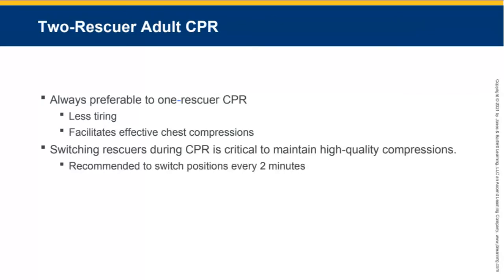In 2 rescuer adult CPR, which is the one that is preferred, it's always preferable to 1 rescuer CPR because it's less tiring, it facilitates effective chest compressions. Switching rescuers during CPR is critical to maintain high quality compressions, and it is recommended to switch positions every 2 minutes. Once you start to get tired, your compressions will not be effective.